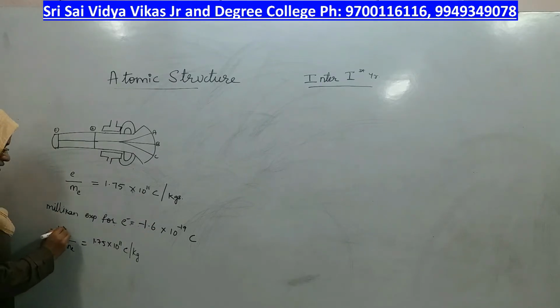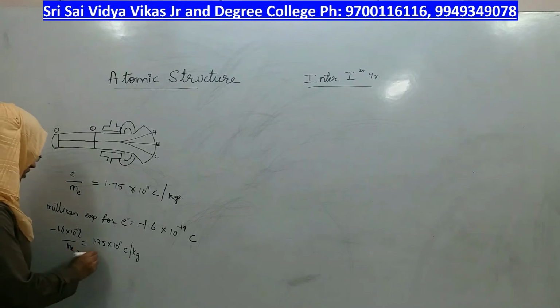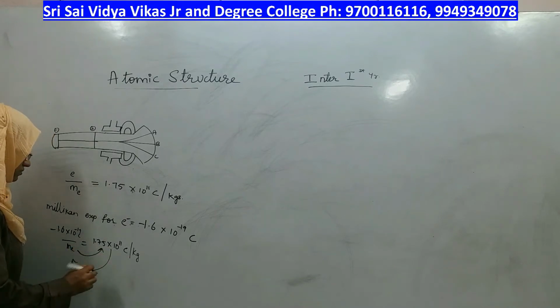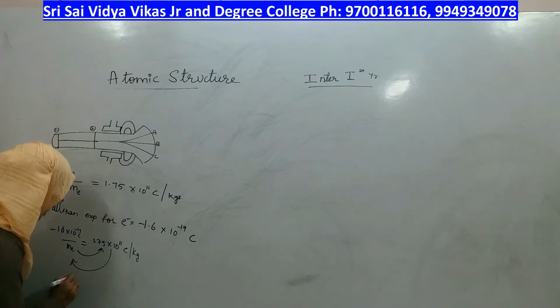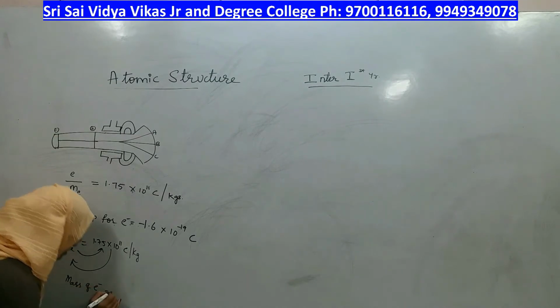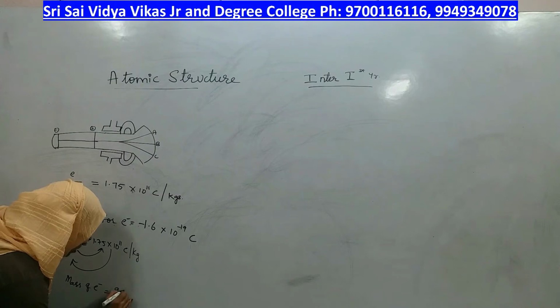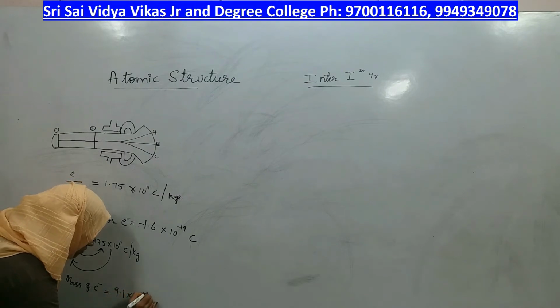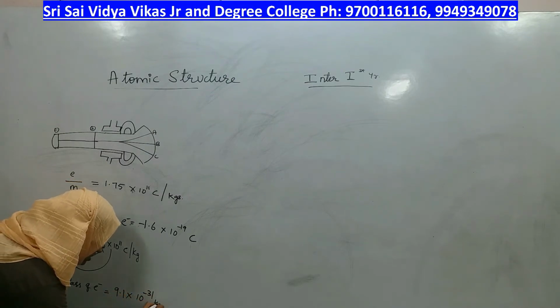Minus 1.6 into 10 power minus 19 coulombs. If you substitute these values correctly, what you get is the mass of the electron, which is nothing but 9.1 into 10 power minus 31 kgs.